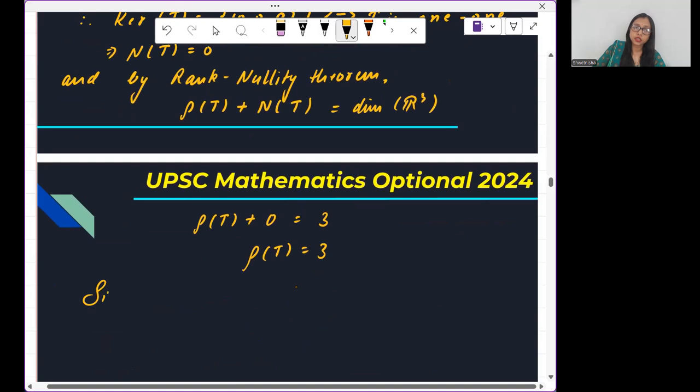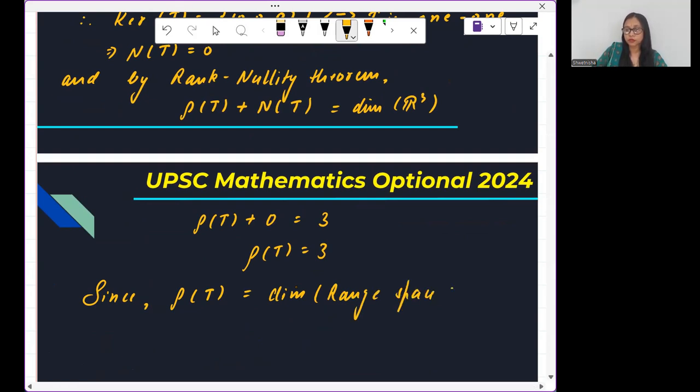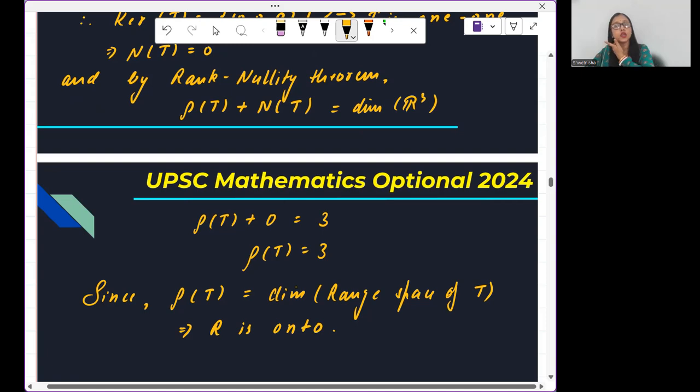So since rank of T is equal to the dimension of the range space of T, it implies T is onto.